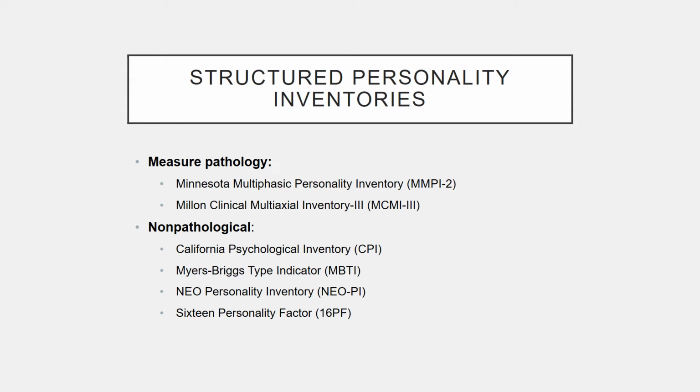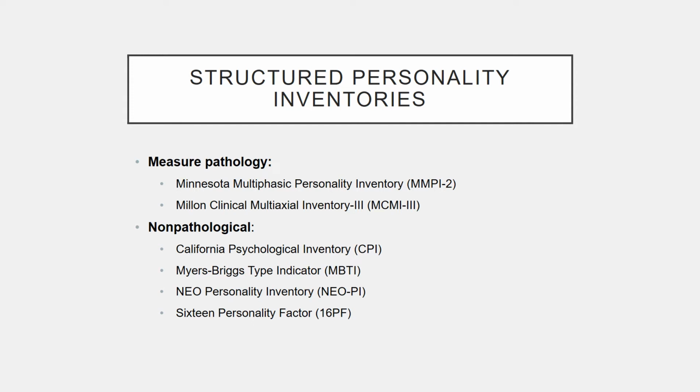So for the pathology-focused assessments, one of the most common, and one we'll dig into a little more, is the Minnesota Multiphasic Personality Inventory, or MMPI. In terms of non-pathological, we have the Myers-Briggs Type Indicator, which we already looked at a bit in the career chapter and got to play with in class.